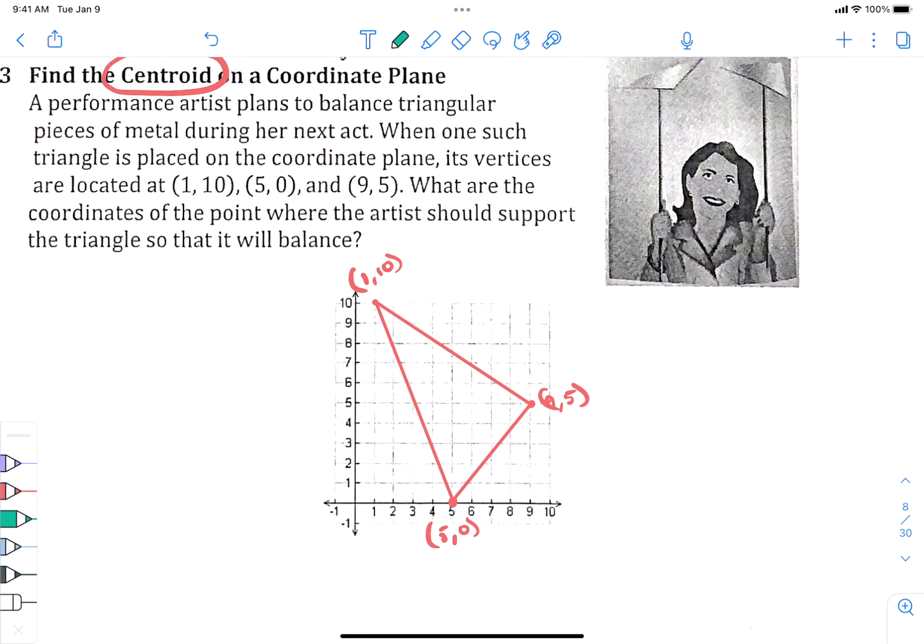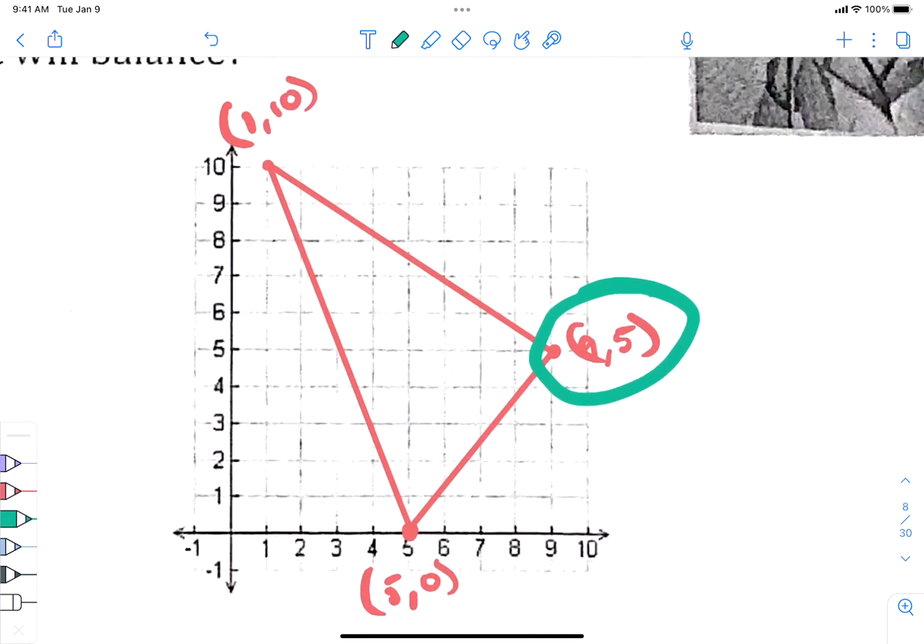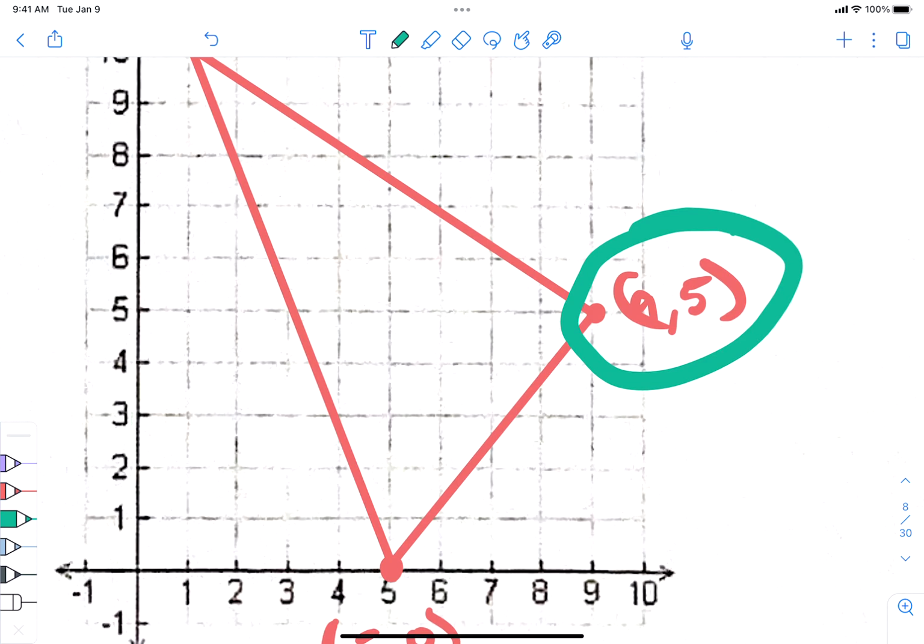So we just have to find the dot in the center, the center of gravity in there. Normally we would connect vertex to midpoint, vertex to midpoint, vertex to midpoint. But I'm just going to draw one of them to make this a little easier. Let's start with 9, 5 and connect him back the other direction, because it looks like his median might be that straight horizontal line going across there. Do you see this? I'm guessing that that's what that is.